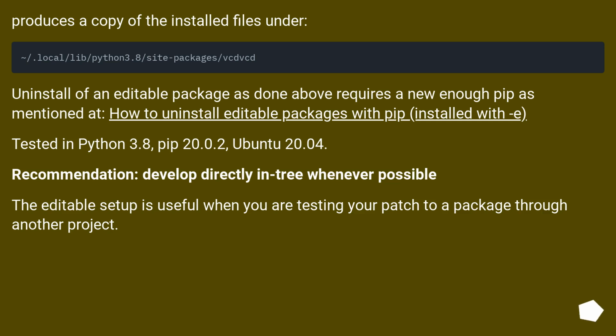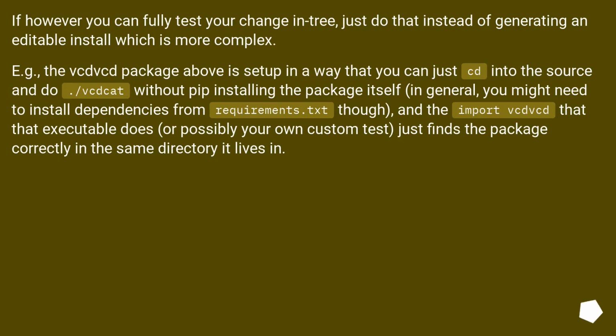Recommendation: develop directly in tree whenever possible. The editable setup is useful when you are testing your patch to a package through another project. If however you can fully test your change in tree, just do that instead of generating an editable install, which is more complex.